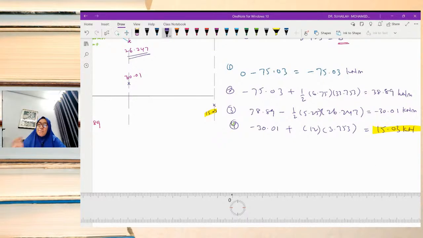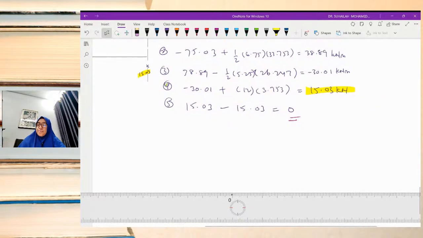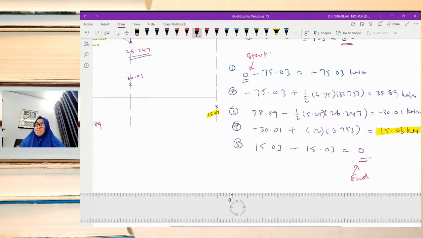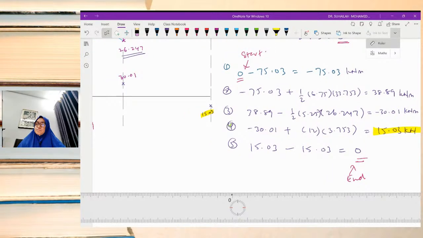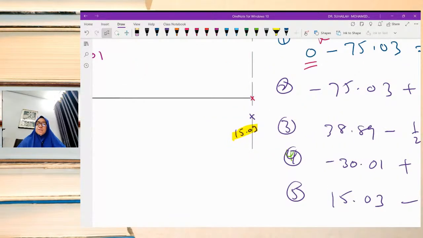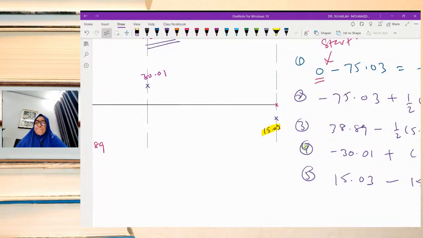So the last step is 15.03. We minus by 15.03, we get 0. This means this is the end point, and this is the start point. So the last point is 0.